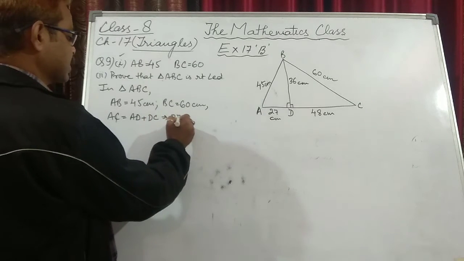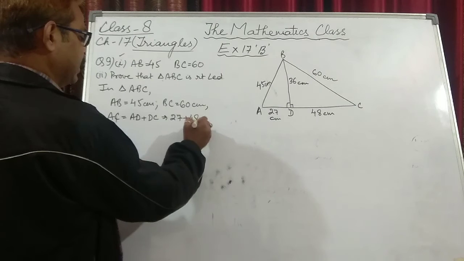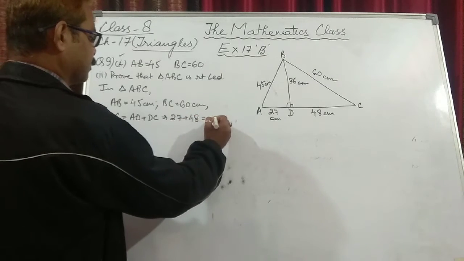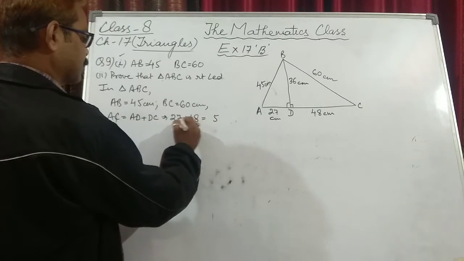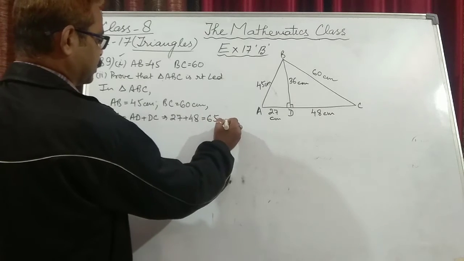AD is 27, DC is 48, that is 65 centimeters.